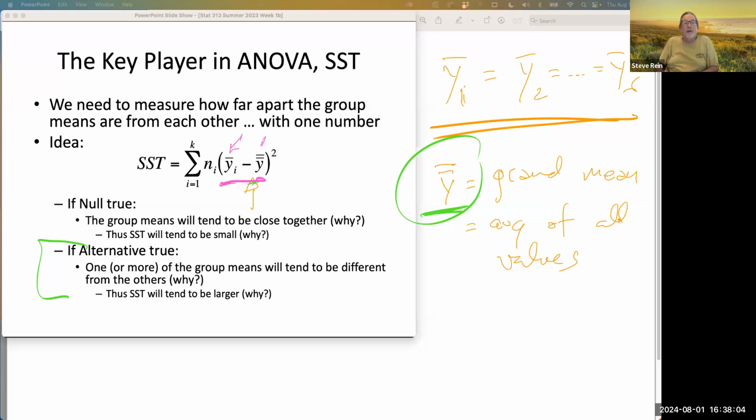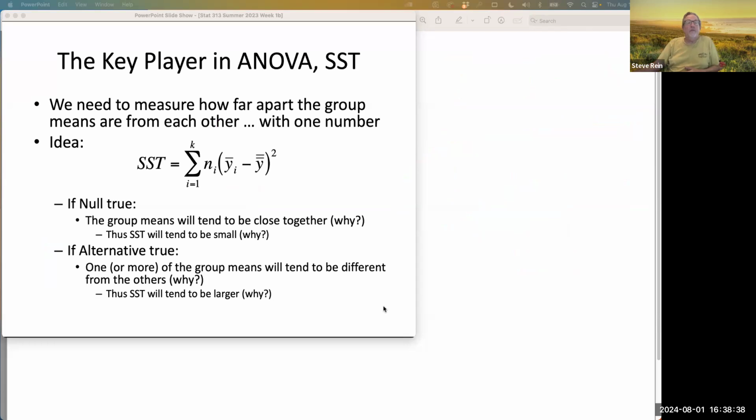And then if we square those and then multiply by the number of data points in each group, it's like weighting, W-E-I-G-H-T, for the amount of data that we have in a particular group. What we see here really is if you have group means which are far away from the average across all the data points, that will be giving us a larger value for SST. So SST tends to be small if the null is true, and tends to be large if the alternative hypothesis is true.